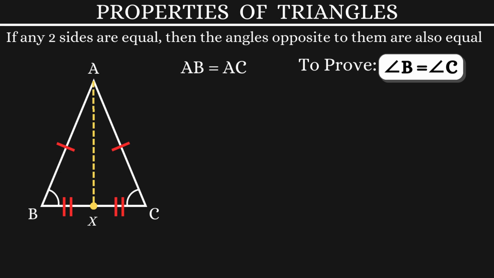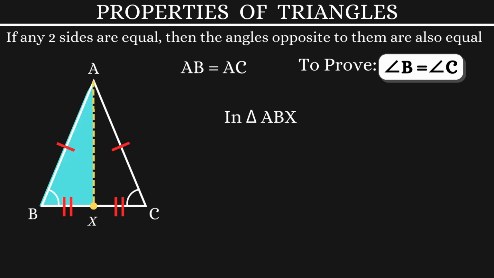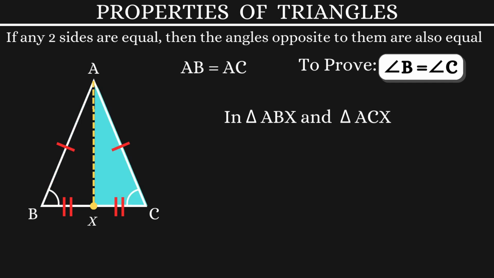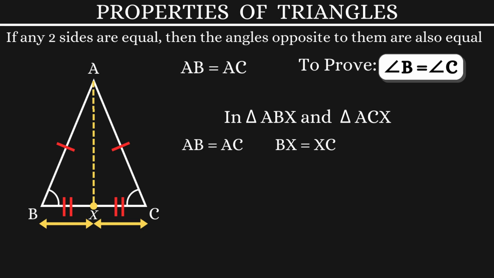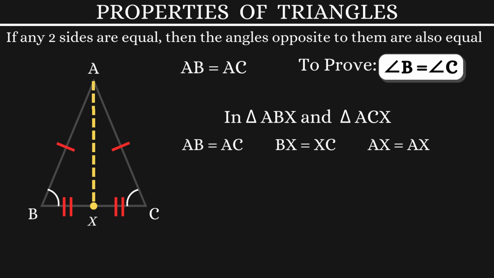Considering the triangles ABX and ACX, we have AB is equal to AC since it is an isosceles triangle. BX is equal to XC. This is because X is the midpoint of BC. We also have AX, which is a common side.